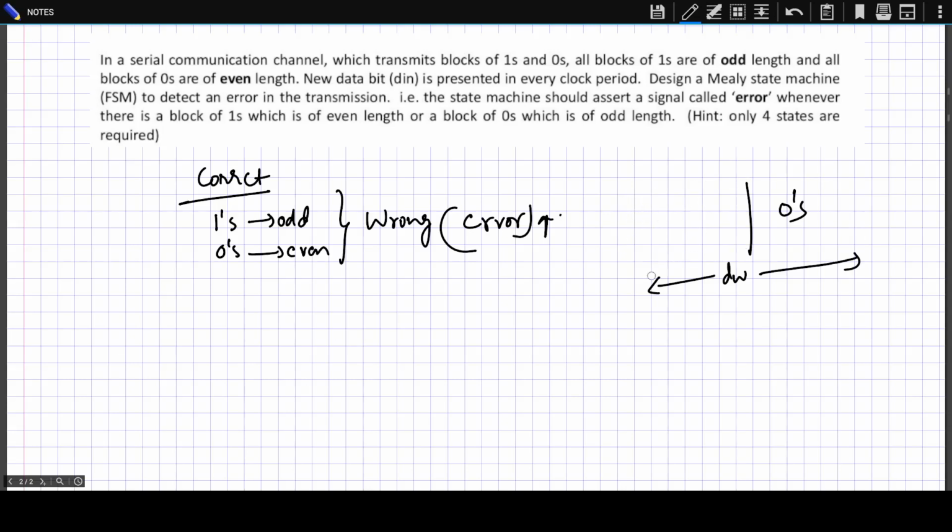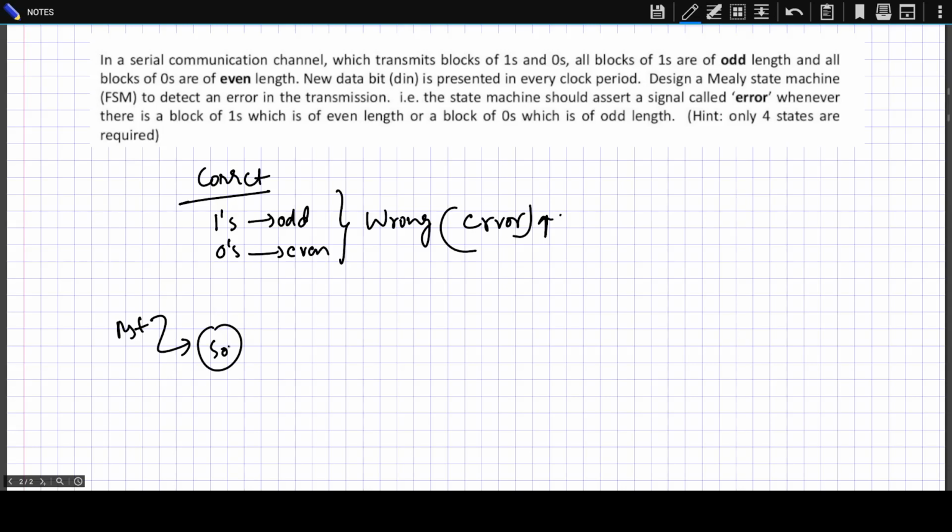Now for building any FSM, the first step is to build a base state, the reset state. The nomenclature of the state doesn't matter here, just name it anything, S0, S1, S2, and we need to take care of its functionality.